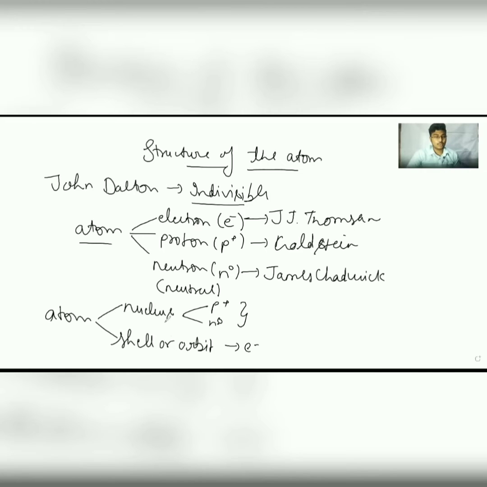So overall the charge on the nucleus is positive and the charge on the shells are negative. So overall the atom is neutral because the total number of positive charge, means proton, is equal to the total number of electrons. So the total number of negative and positive charge are equal, so they cancel out each other.